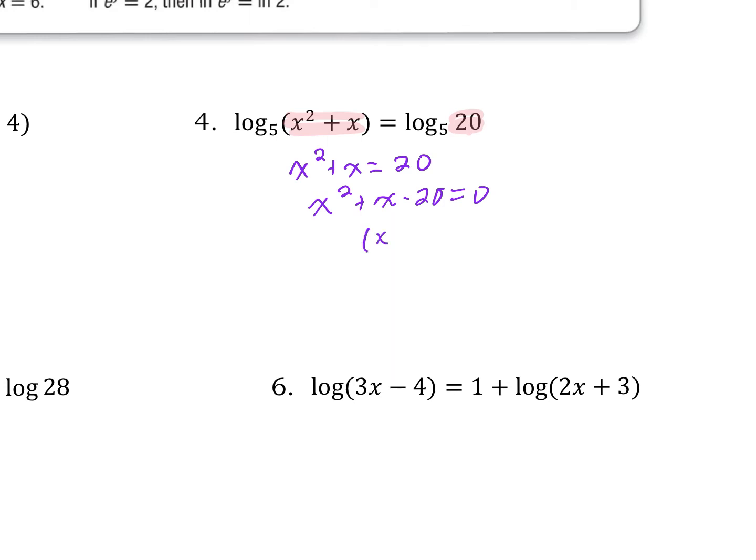So we factor, and we get x plus 5 times x minus 4 equals 0. So we get that x is equal to negative 5 and x is equal to 4. And we do, remember, have to go back and check to make sure that we do not get a negative argument. And we do not in either case. So both of those check and are good for answers.